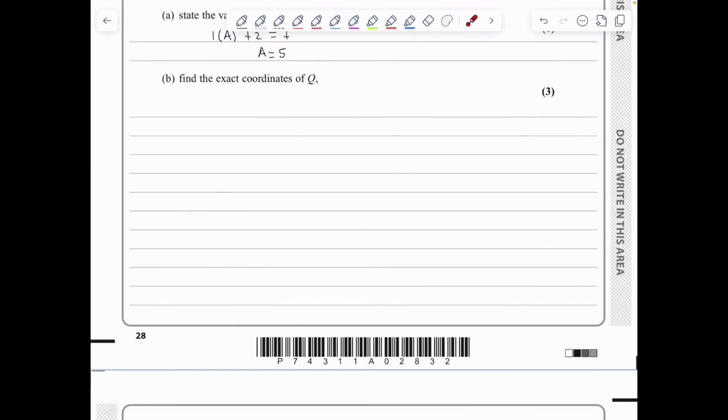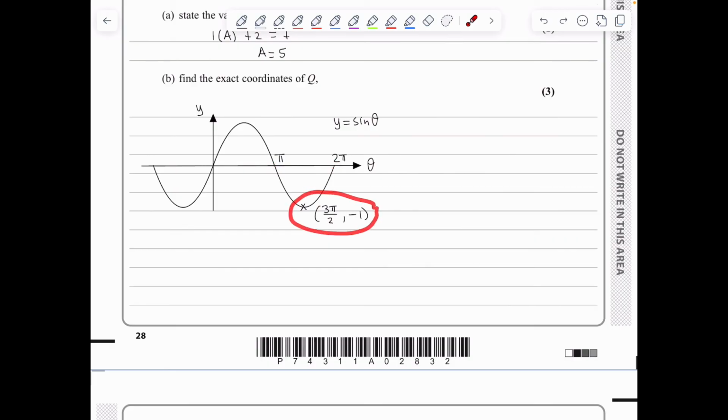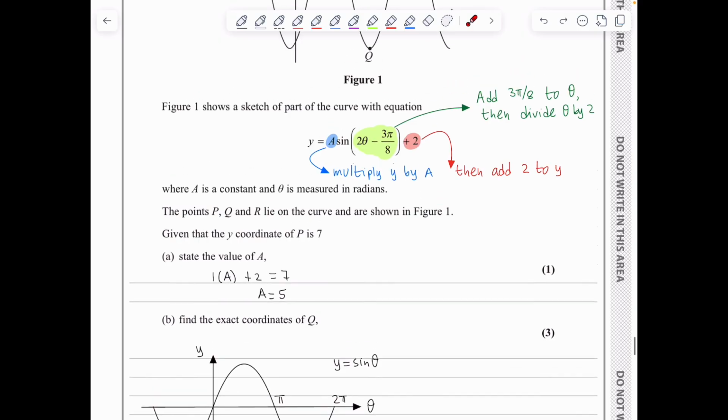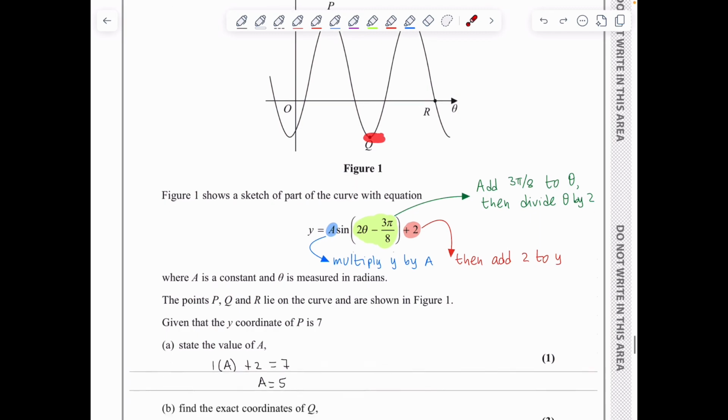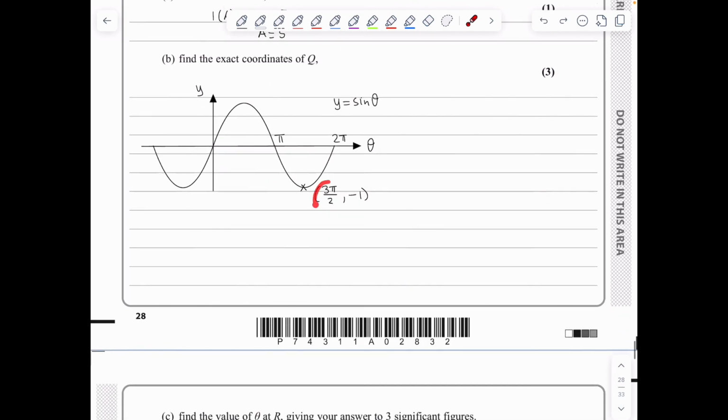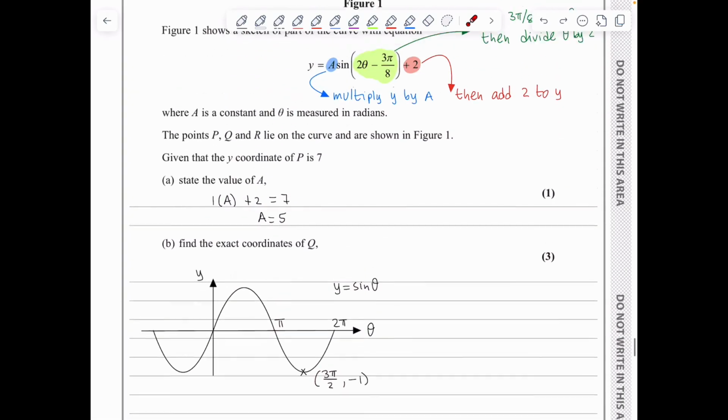In part B, we're asked to find the exact coordinates of point Q, so I will start by recalling the graph of sine theta. We've got cuts on the horizontal at pi and 2 pi, and we've got a minimum at 3 pi over 2 comma negative 1. If we look at the diagram given here, Q is the minimum in this transformed graph. So I will take the x-coordinate of 3 pi over 2 and apply the exact transformations we have identified here.